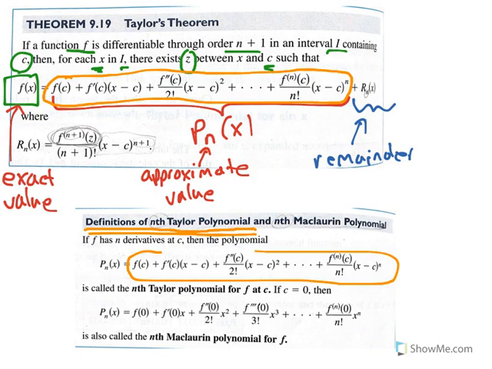So that's exactly what that is. So here you have an nth degree Taylor polynomial centered at c that approximates our function f. So if you evaluate the nth degree Taylor polynomial at x, you'll get an approximate value for the function evaluated at x. And the difference between the exact value and the approximate value is called the remainder.